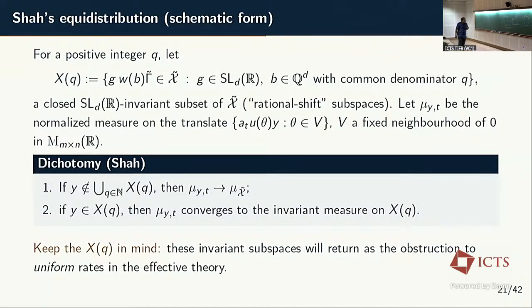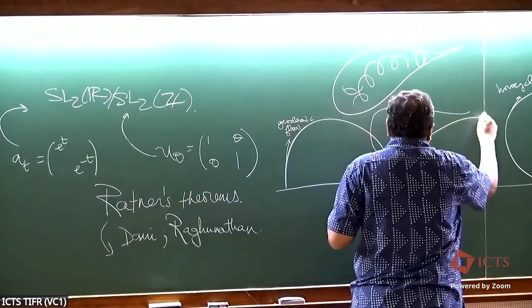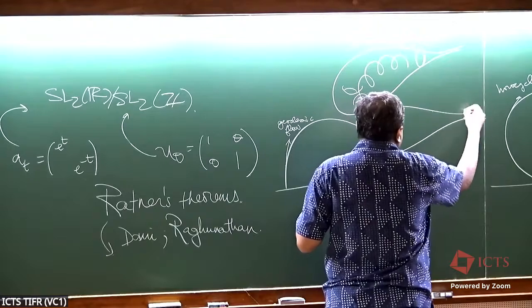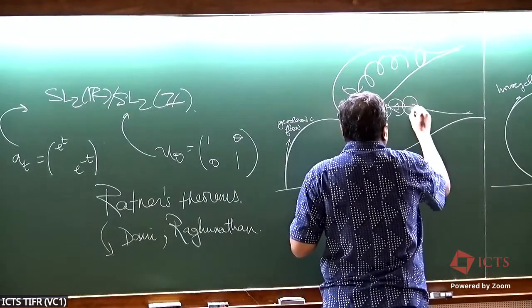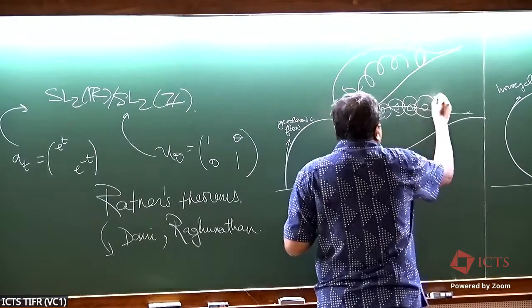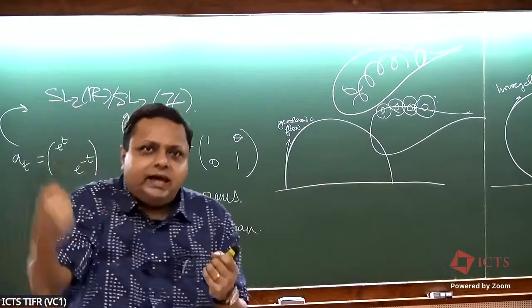Okay? So here we had a situation where you could have been stuck on a periodic orbit, and that's it. Or you equidistribute everywhere. In this torus bundle situation, you have this space as the base and a bunch of tori at each point. There's a torus at each point. There is a countable family of subspaces where you are still likely to get stuck.